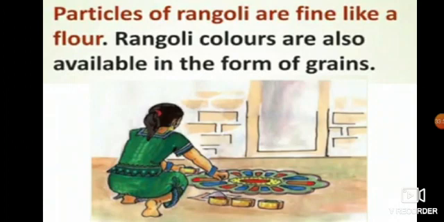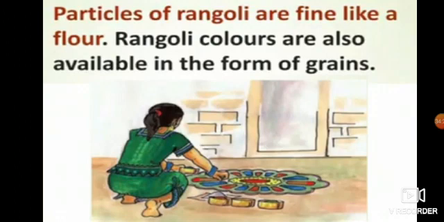So Rangoli is also in particle form. If you get the powder, naturally it is made of tiny particles. So we can say that Rangoli is also made up of very tiny particles which we cannot see. But if we use the grains, naturally we will be able to see them.